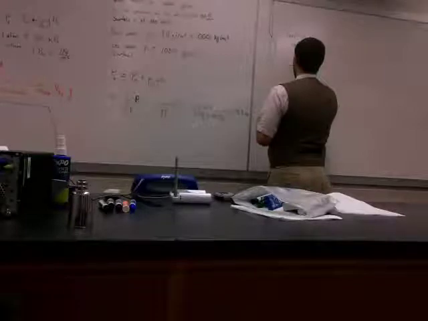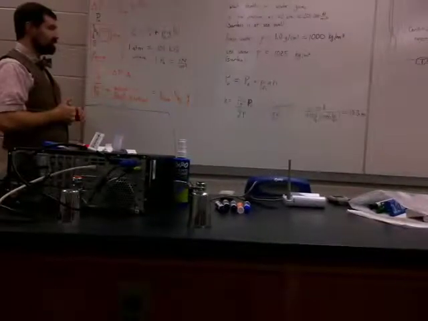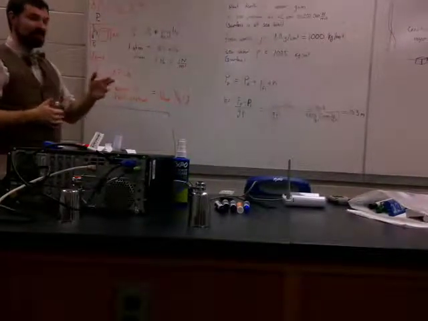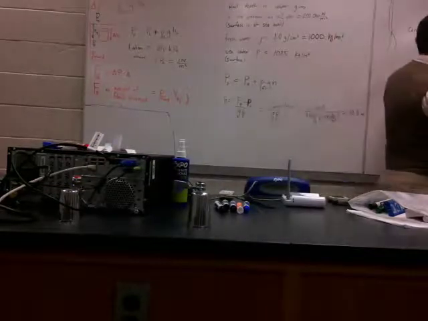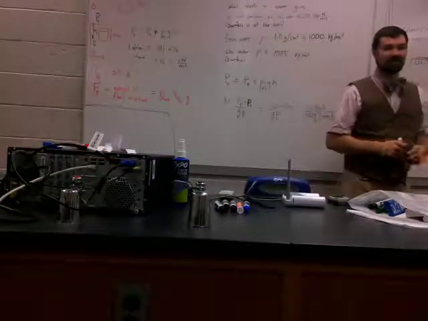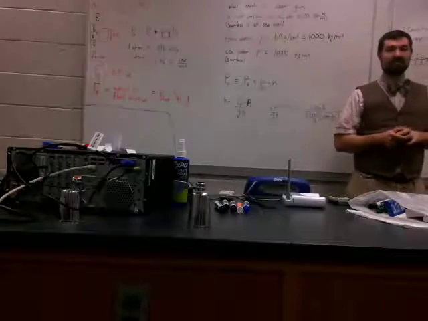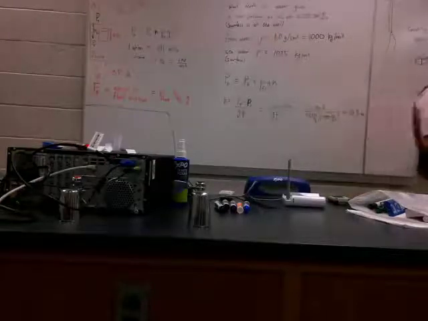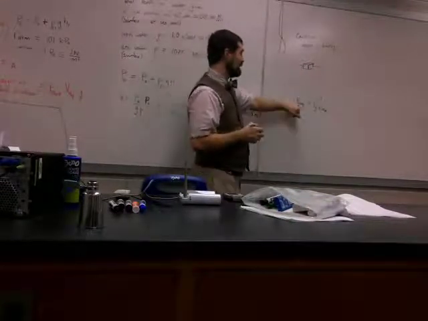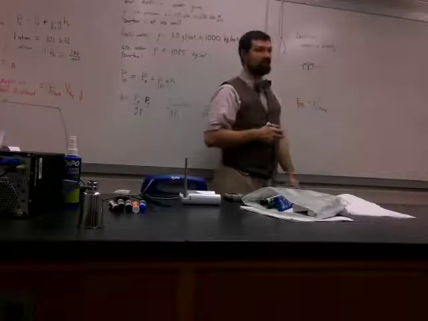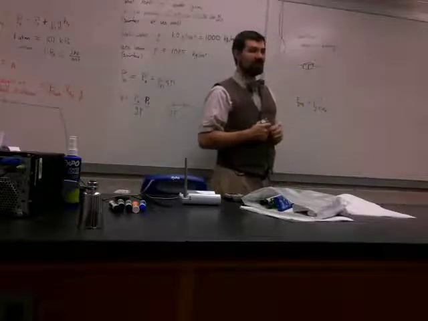Maybe your object looks something like this. Archimedes' Principle says that the weight of the object and the weight of the fluid displaced have to be equal, because the buoyant force must equal the weight of this object in order for the object to float. So in this case, we might write something like that. Basically, weight of the object and weight of fluid displaced are equal to each other.